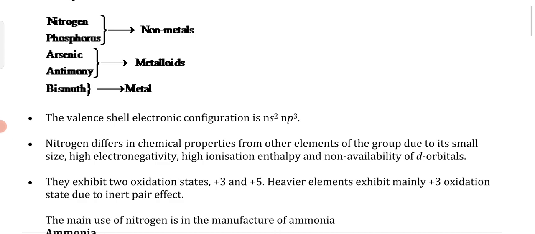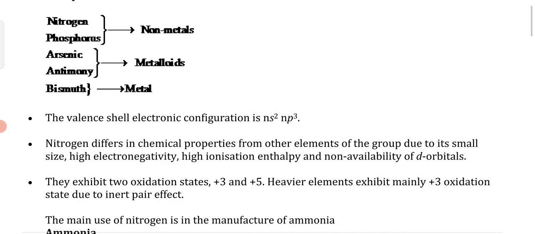And high ionization enthalpy, because ionization enthalpy means the minimum amount of energy required to remove an electron when it is present in the gaseous state, and nitrogen is very small in size. So the nuclear force of attraction between the nucleus and the valence electron is very great in the case of nitrogen. So its ionization enthalpy is very high.